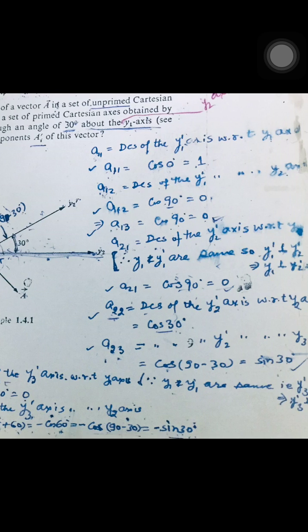So that is cos 60, or we can say sin 30. Cos 60 is nothing but sin 30. So we have A21 is 0, A22 is cos 30 and A23 is sin 30. These are the direction cosines of y2 dash with respect to y1, y2, y3.